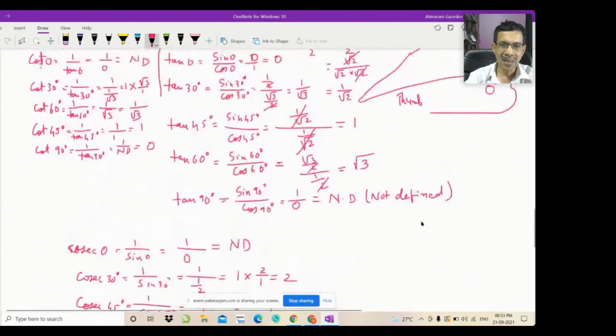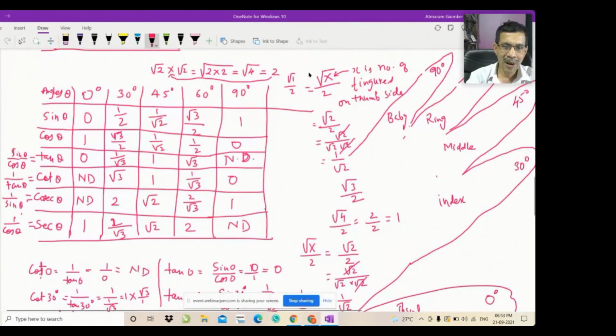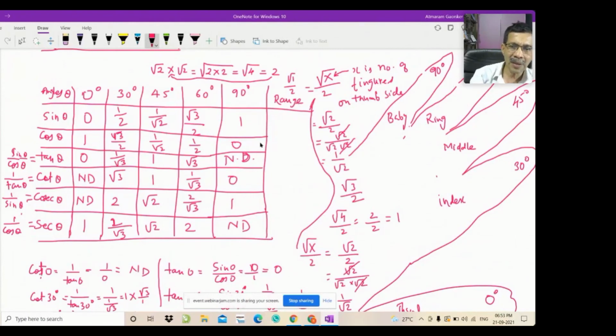Now, for example, I will write it here. So let me draw a line here, and here I will say the range, and range meaning it is range of angles. So sine value is defined for 0, that is extreme angle, and also defined for 90 degrees, so it is extreme angle.